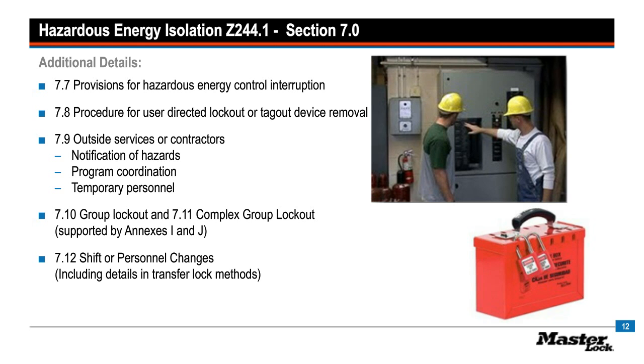It provides guidance on satellite lock boxes and really a how-to guide as to the way to achieve accountability and communication in a complex lockout situation involving many workers and multiple energy isolation points.